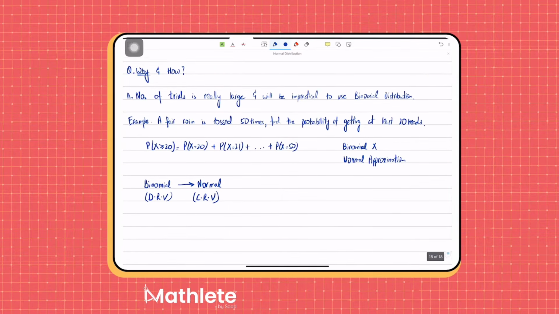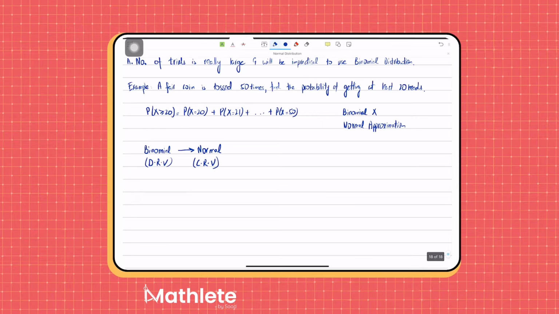Another thing to note is that the more the trials, the more accurate the normal approximation.